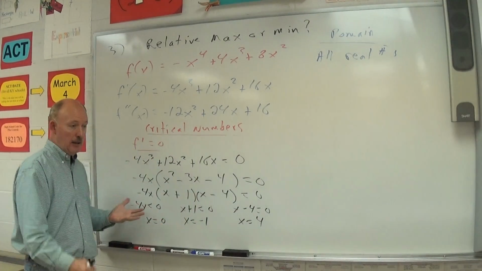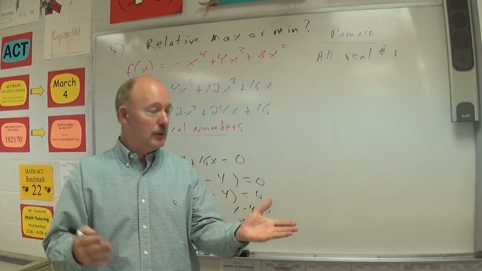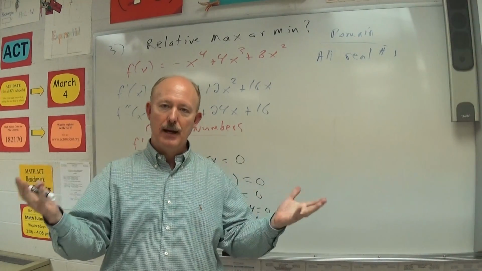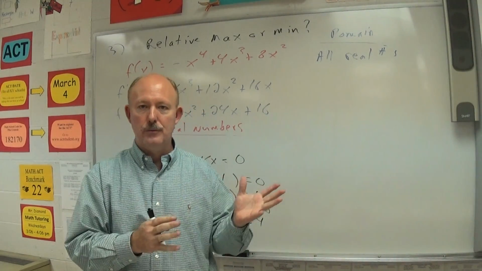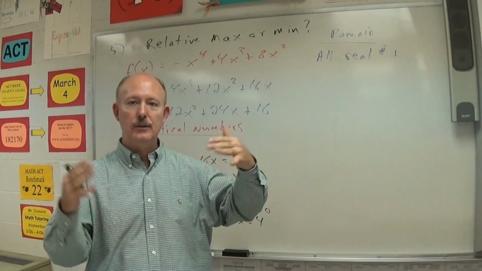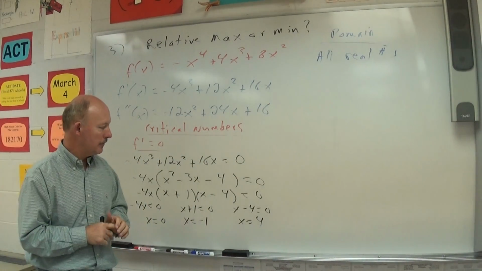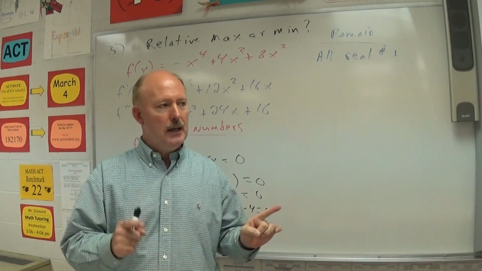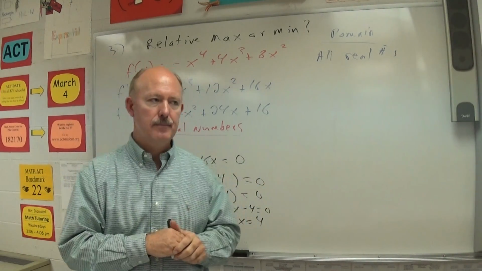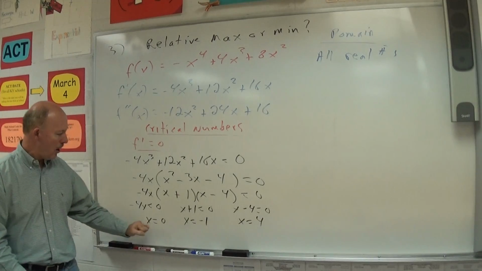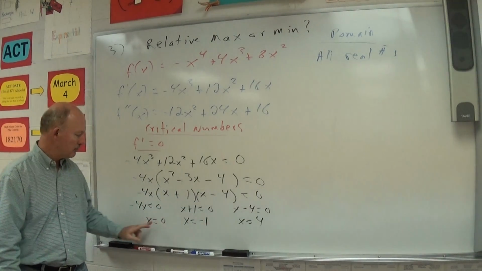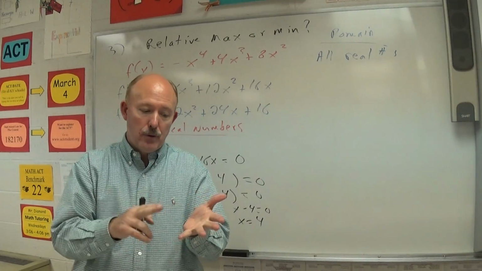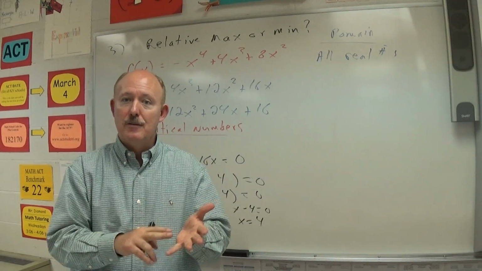Now, if we were doing the first derivative test, we'd do a wiggle graph, pick a test value, and from there that would tell us whether the original function is increasing or decreasing, and we could get the minimum or maximum. One good thing with the second derivative test is that we don't do a wiggle graph. These are all possible minimum or maximum values, but we don't know whether they're a relative minimum or a relative maximum.